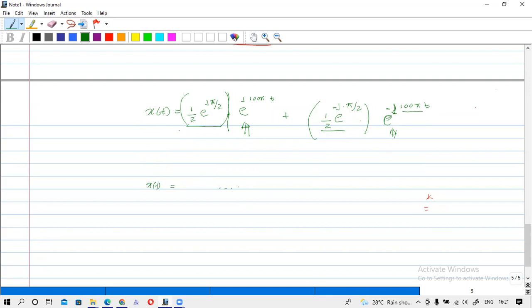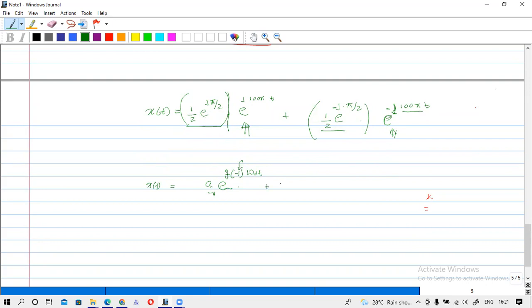If you have this signal xt and you write this in terms of Fourier series coefficients, you will have this kind of expression: a minus 1 e to the power j minus 1 omega naught t. So this is the k value, the harmonic value.